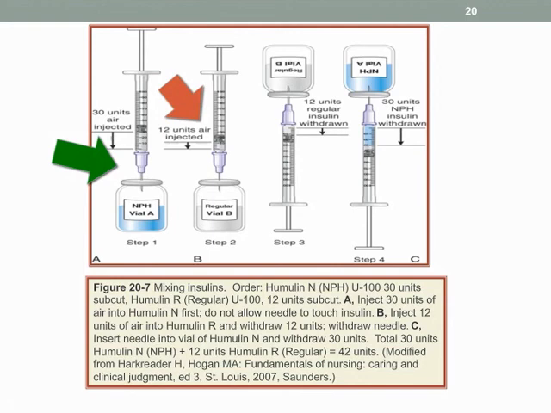Once you get the appropriate number of units into your syringe, you want to take your needle out of that vial and move it over and put it into your NPH. Again, now invert your vial and draw back the prescribed number of units that you need. Make sure that you do not push any of the regular insulin into your NPH, because now you've just contaminated all of your NPH insulin.